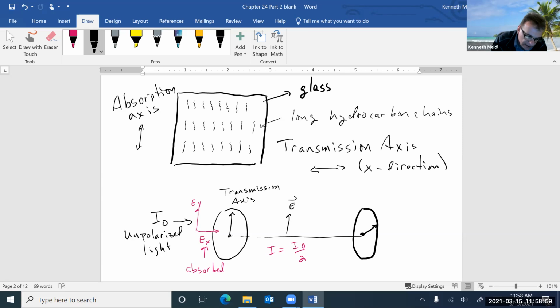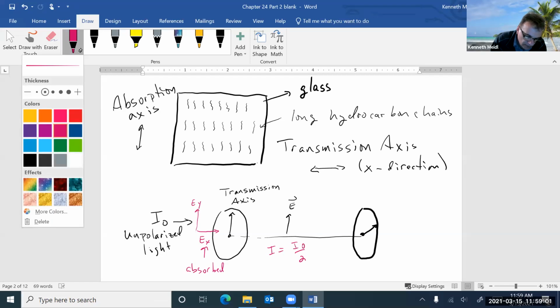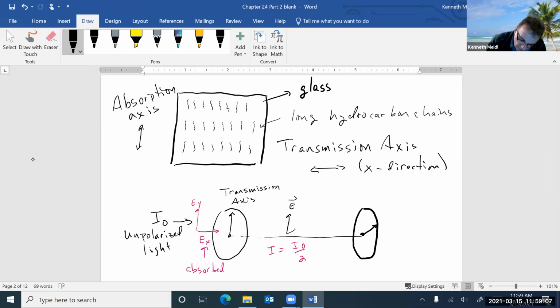That's because any vector has components. And so you can put them head to tail, so that this component right here lines up with that transmission axis. That's what's going to sneak through here, and that's what's left standing.